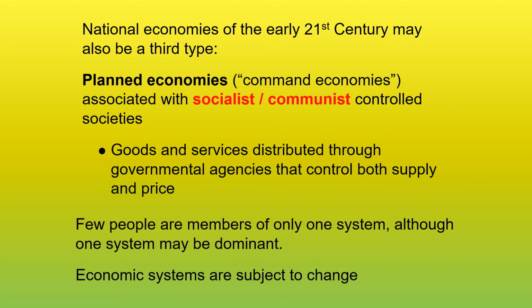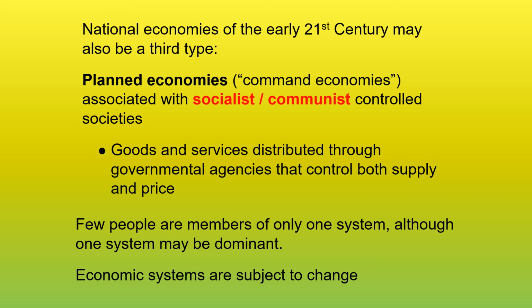Now, another type of economy is planned economies, sometimes called command economies, where governments set the demand and set the price and come up with plans, 5-year plans, for example.